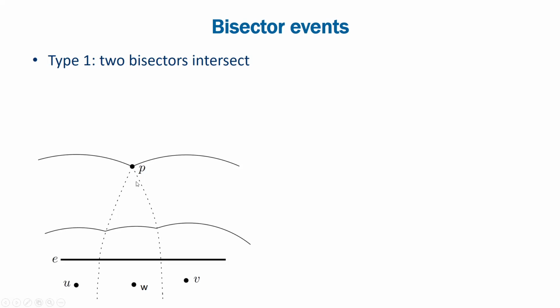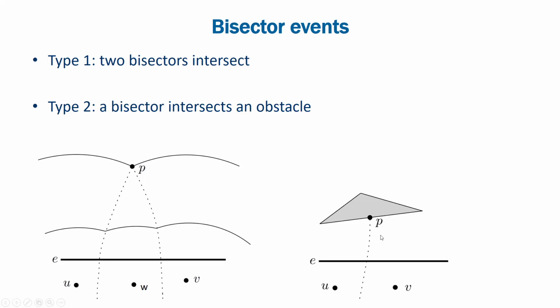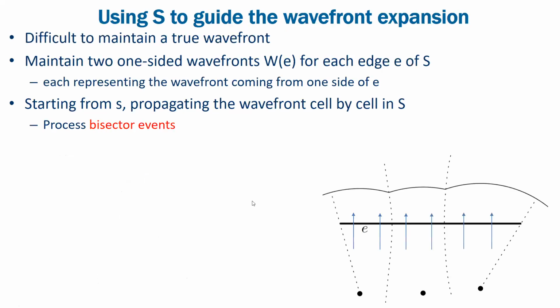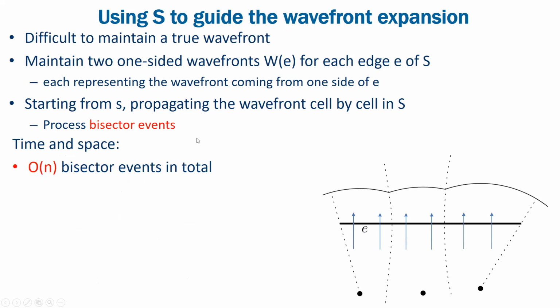This is a bisector event. Another type of bisector event is where the bisector intersects an obstacle; the intersection point is a bisector event. Therefore we need to process those events. There are order n bisector events in the entire algorithm.